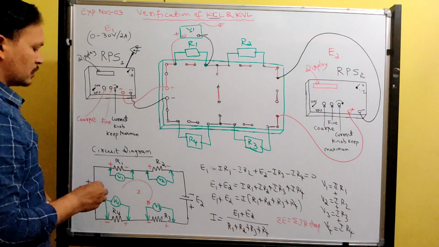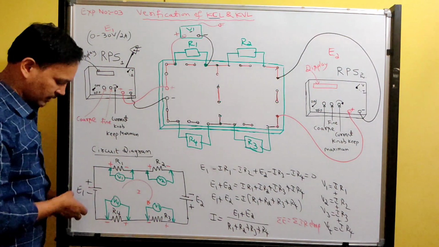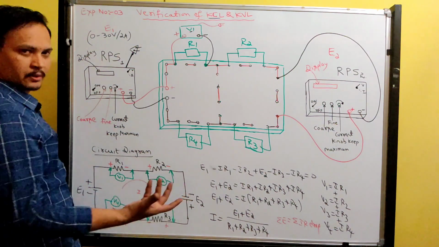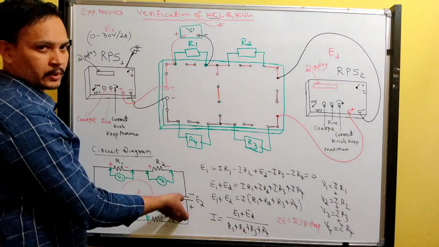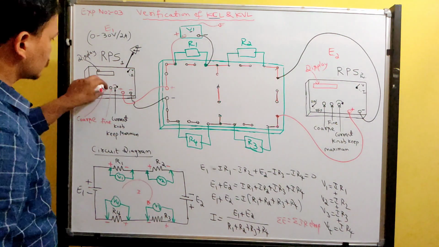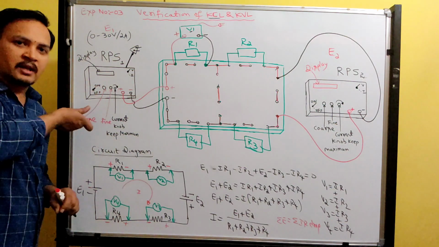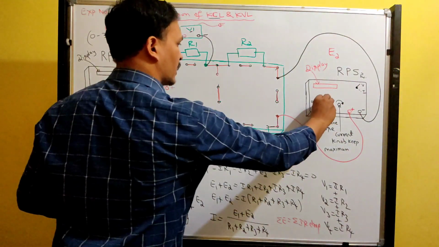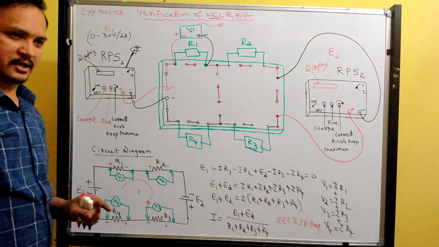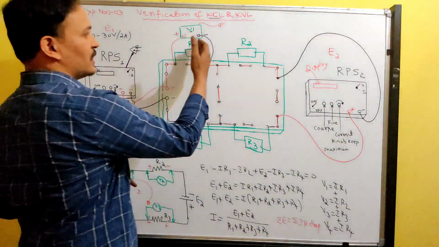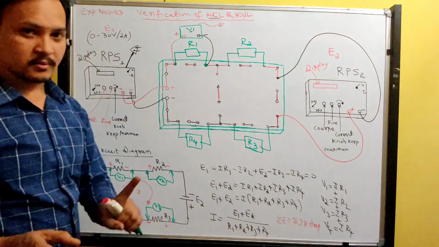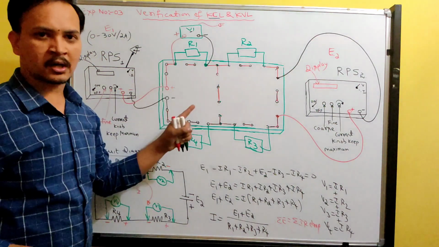Okay. Now apply the voltage given in the question. For E1 they will give some voltage, for E2 they will give some voltage. Let's say 25 volts and 20 volts. So apply 25 volts here by varying in the clockwise direction. Here also apply 20 volts in the clockwise direction. Later note down the readings. Initially you connected one voltmeter.